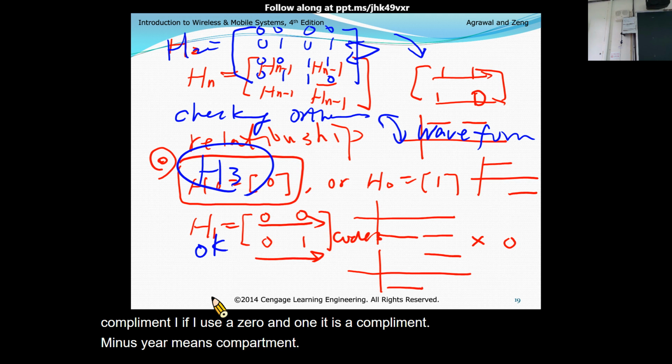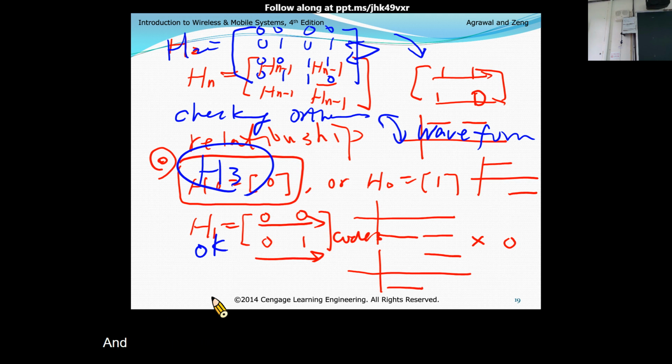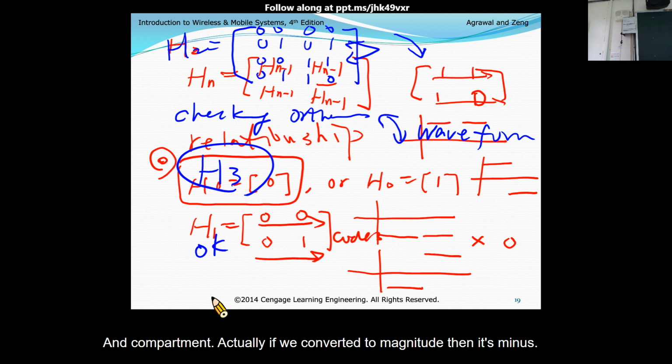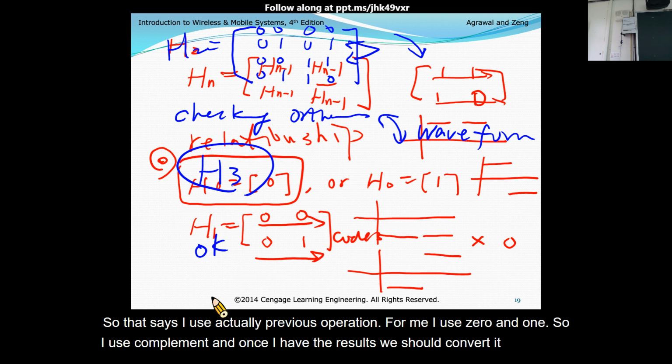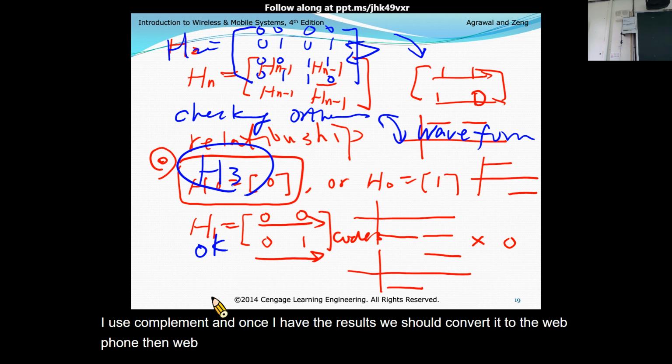And complement, if we convert it to magnitude, then it's minus. In my previous operation I used 0 and 1, so I used complement. Once I have the results, we convert it to the waveform, and then the waveform follows your operation, minus. Right? Yeah.